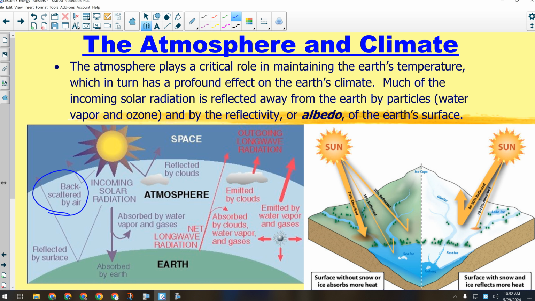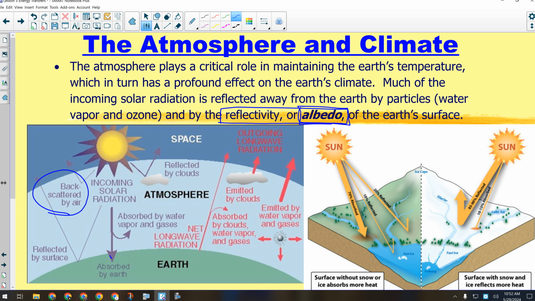Now, as the solar radiation comes through the atmosphere, some of it might get absorbed. If we got darker colored materials in the atmosphere, it'll be absorbed a little bit by those materials. But it's eventually gonna hit the Earth. Now, when it hits the Earth, one of three things can happen. It can be absorbed, it can be reflected, it can be converted by plants. So that's going to depend on this.